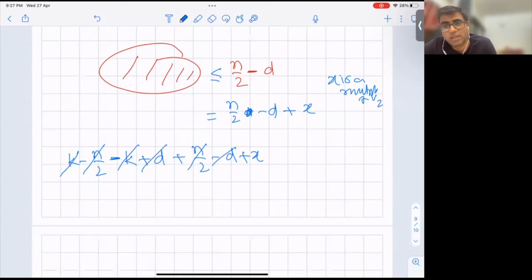Is that okay? So if I can show that x is 1, then I'm good, no? All I know up until now is that x is at least half. But if I just show that x equals half, I will get nothing. Is that fine?